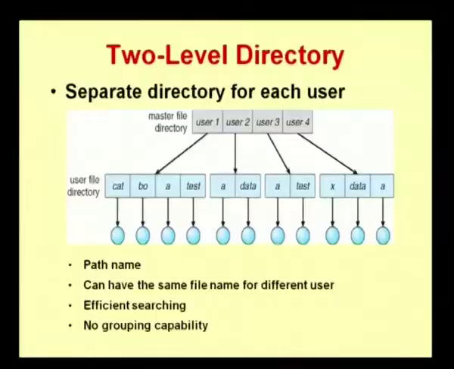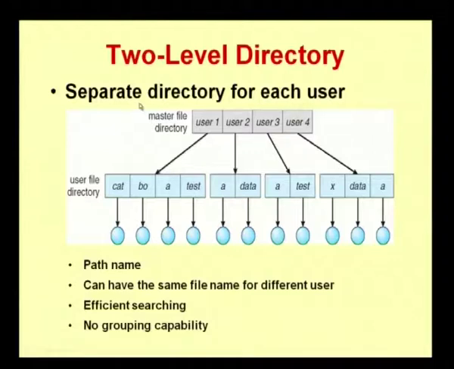And two files cannot be grouped because all the contents are there inside a single folder. So all the files have to be stored only separately. So the two problems that may arise from a single level directory are, one, a naming problem, and second, a grouping problem.